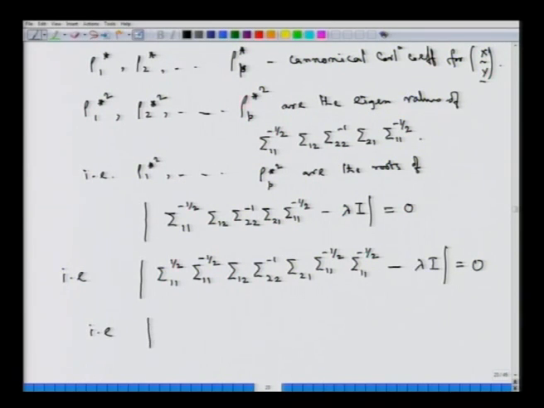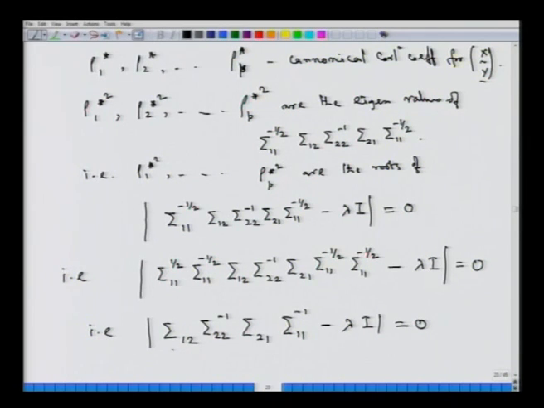Now, if we have done that, then this rho 1 star square, rho 2 star square, rho p star square are the roots also of the following equation, which is, this is an identity matrix, sigma 1 2, sigma 2 2 to the power minus 1, sigma 2 1, and this is sigma 1 1 to the power minus 1 minus lambda I equal to 0, this equation, right.